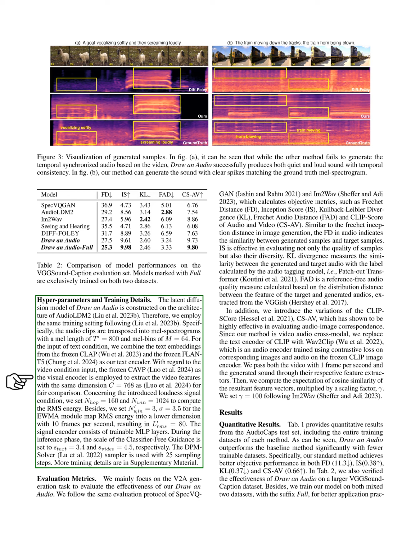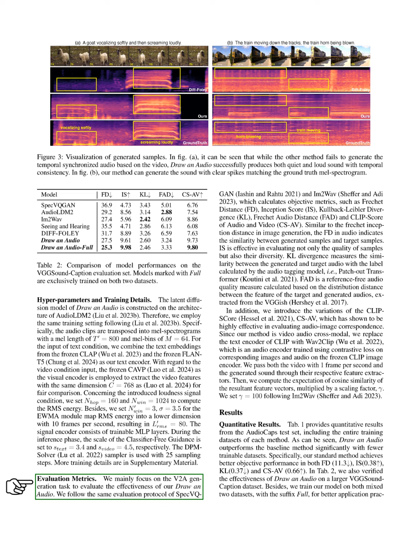For video input, we extract features using the Frozen CAVP visual encoder, ensuring consistent dimensions for comparison. For the loudness signal, we compute the RMS energy with specific parameters. The signal encoder consists of trainable MLP layers. During inference, we set the classifier free guidance scales for text and video, and we use the DPM solver sampler with 25 sampling steps.